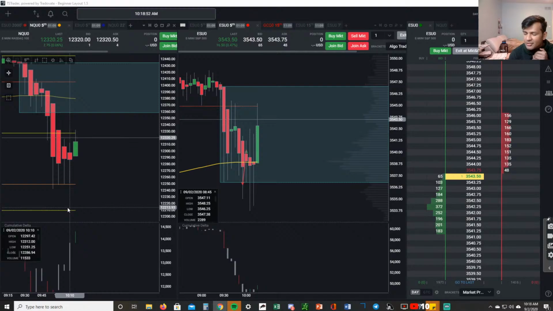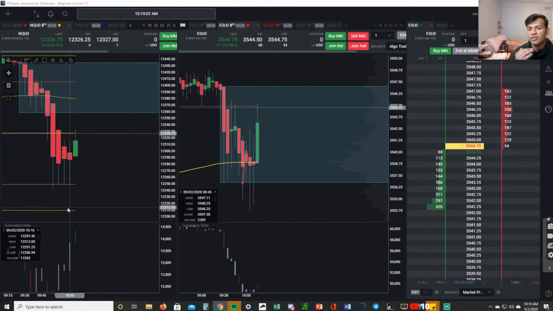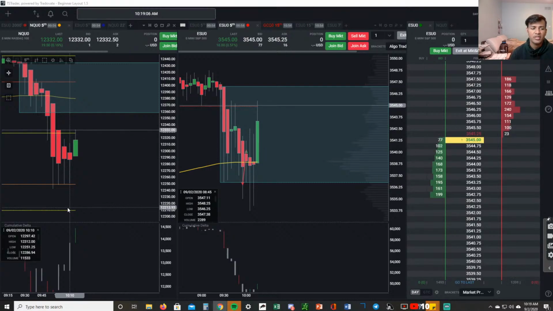So I tried trail stops in the beginning. I realized that with little sporadic movements, you'll get taken out. Unless you start the trailing really far back and then do it that way, it works out pretty well. But when you're initially doing it, I just didn't really like it.